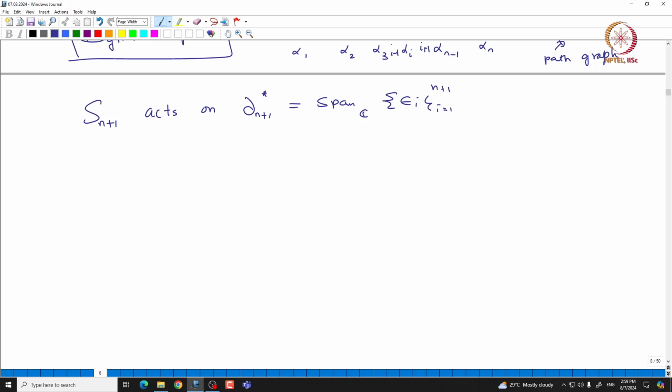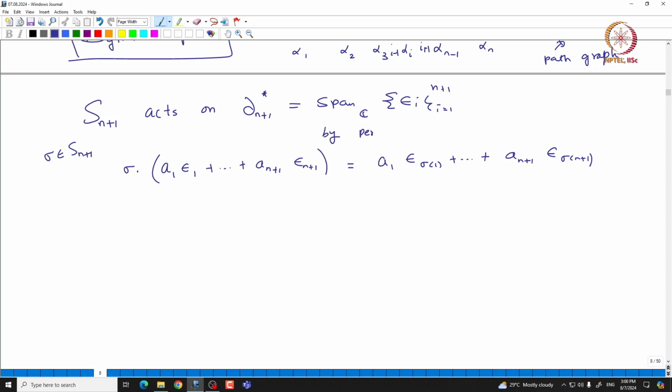More explicitly, if you are given some element a 1 epsilon 1 plus etcetera a n plus 1 epsilon n plus 1, and you take some sigma from the symmetric group, then it just permutes the coordinates. So, this gives you a 1 epsilon sigma 1 plus etcetera plus a n plus 1 epsilon sigma n plus 1. Okay.